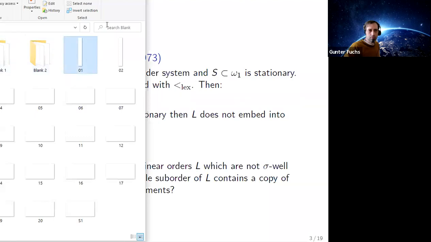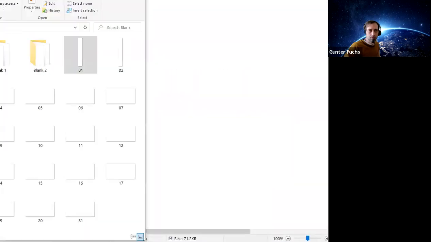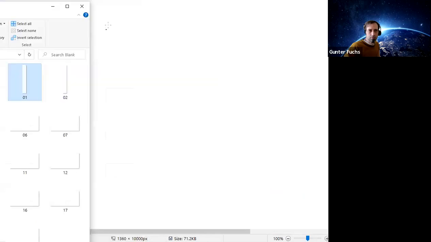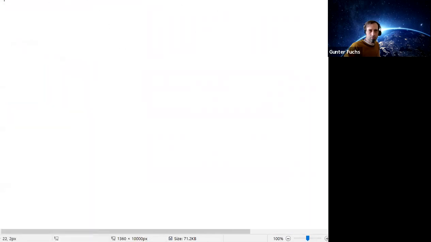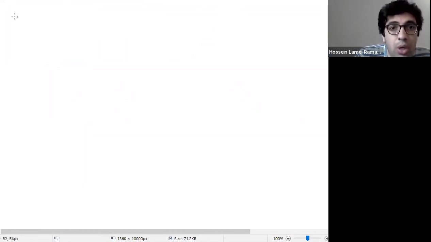Okay, here is the thing. You said that for every alpha in S, C alpha is a function from omega to alpha which is cofinal.